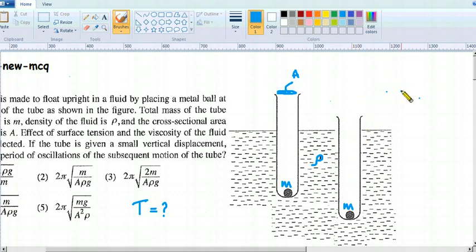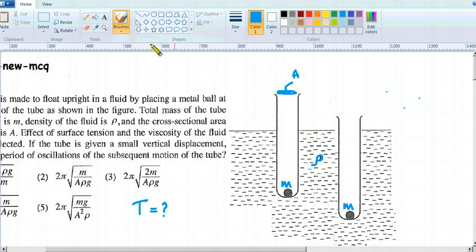At this instant we have to consider the forces. Actually, before that, for convenience, let's first consider the forces acting on this first test tube.